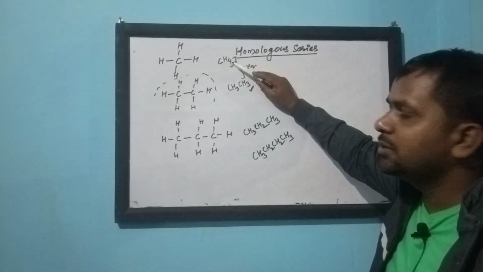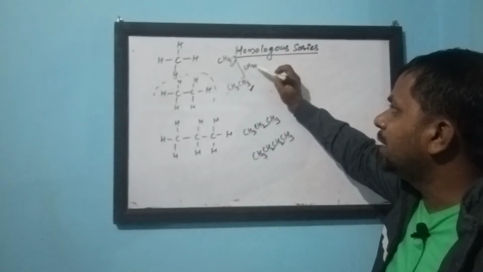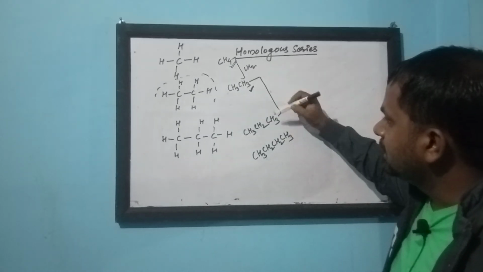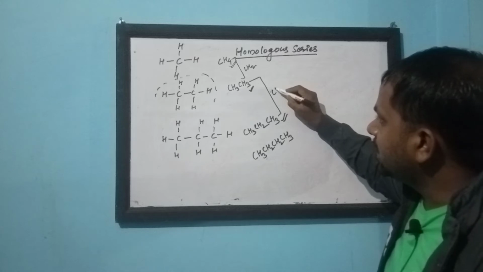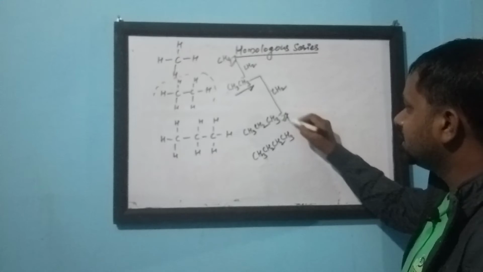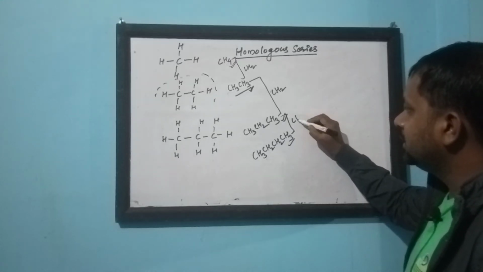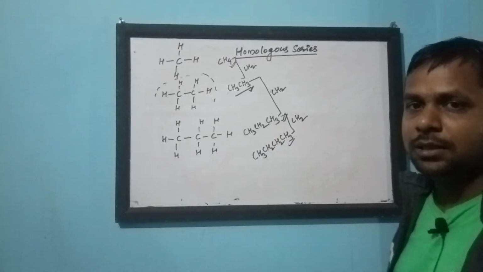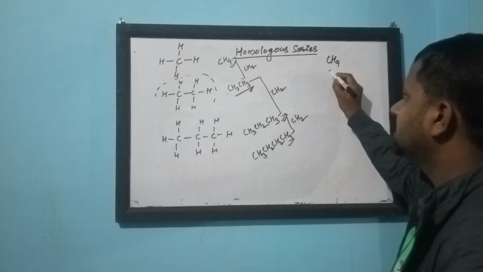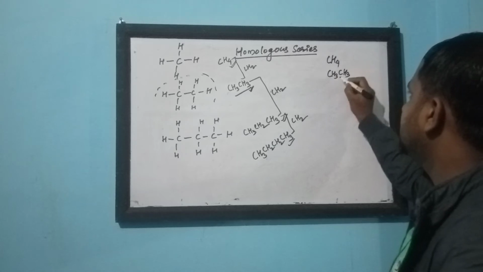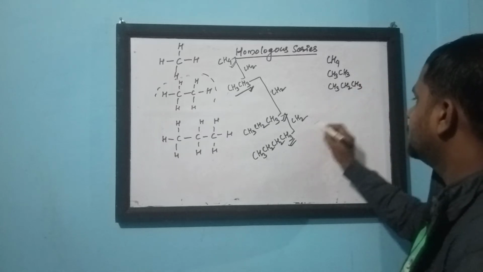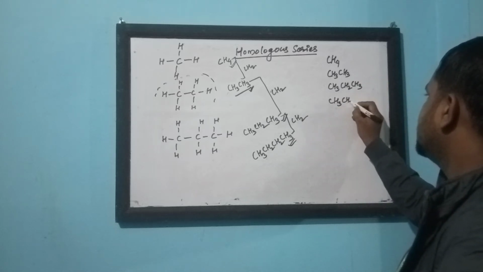Here C has total hydrogen 4, here hydrogen 6. So 2 hydrogens more and 1 carbon more. Similarly, this lower compound is more by a CH2 group than this.